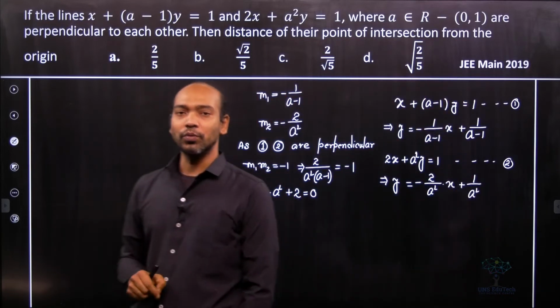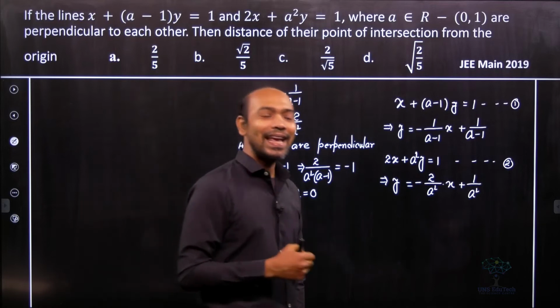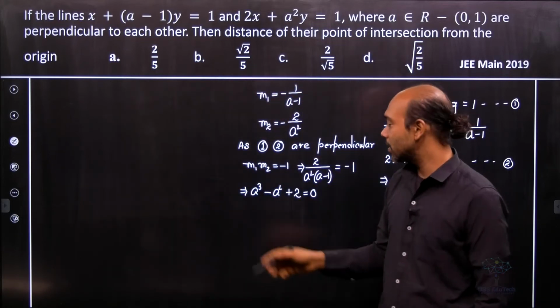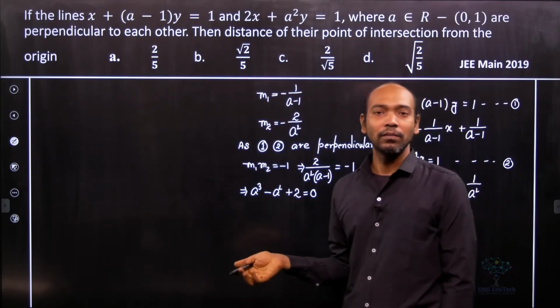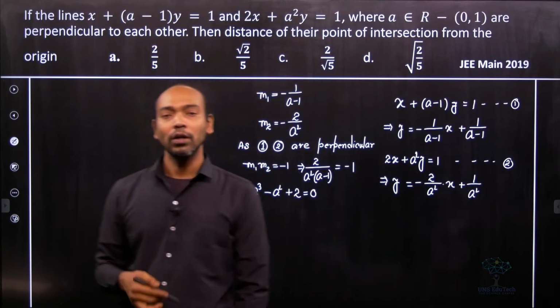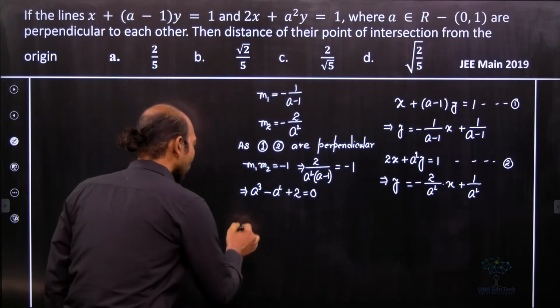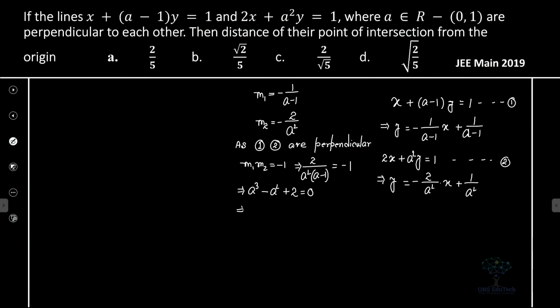If I substitute a equal to minus 1, I get 0. So by the basic remainder theorem, a plus 1 is a factor. So we expand: a cube plus a square minus 2a square minus 2a plus 2a plus 2 equal to 0.